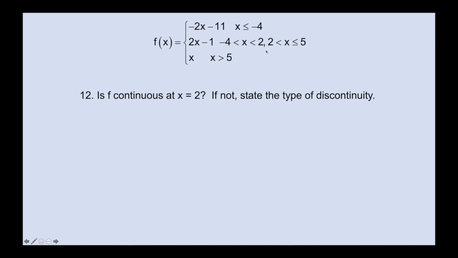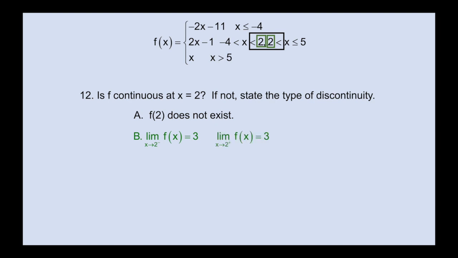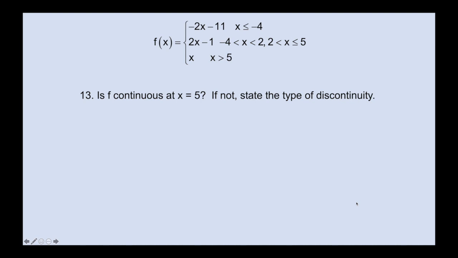So that is going to indicate that I have an open circle at 2. So since that first condition is not going to be met, right away, I know that this is going to have discontinuity. And again, if the limits come together, but the issue is that it's an open circle, that's an indication that it's point discontinuity.